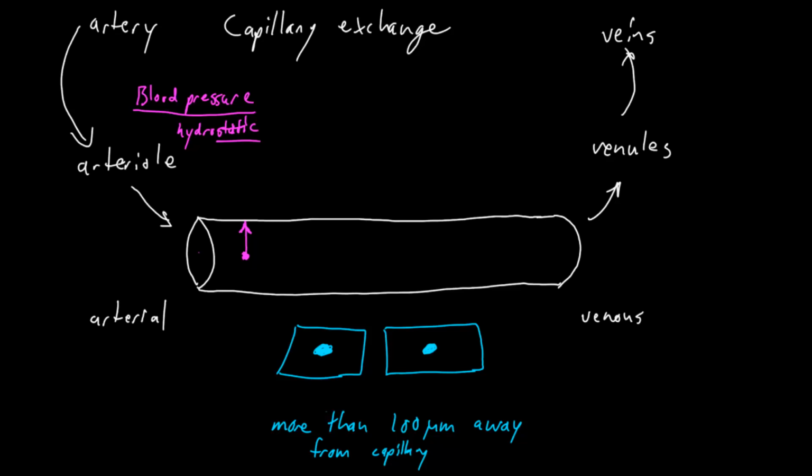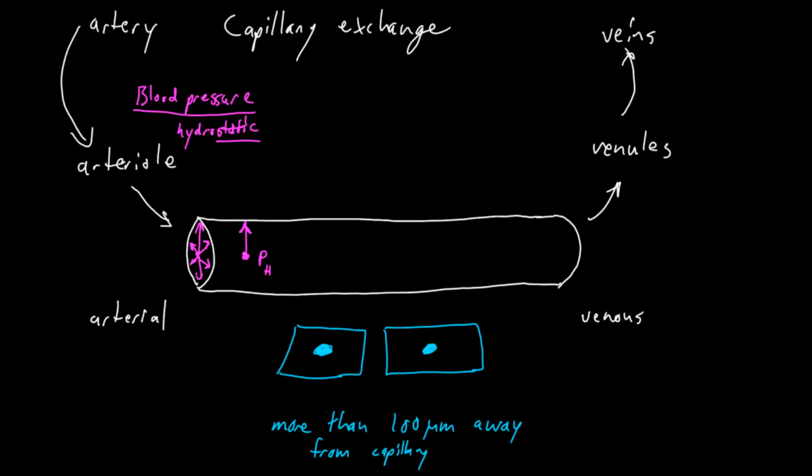In reality, I'm only drawing one arrow here, but this blood pressure is pressing on all of the walls of the capillary. So it's this three-dimensional pressure. But this is the major force that is trying to move fluid, rather, out of the capillary. So this is our, I'll abbreviate it, P, pressure, hydrostatic.